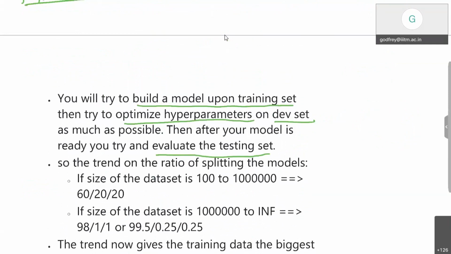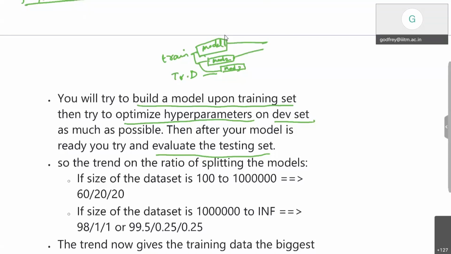So basically you train your model on the training set. After training, you may train another model: model 1 with some hyperparameter values, model 2 being the same model with different hyperparameter values, another same model with a third set of hyperparameter values, and so on.